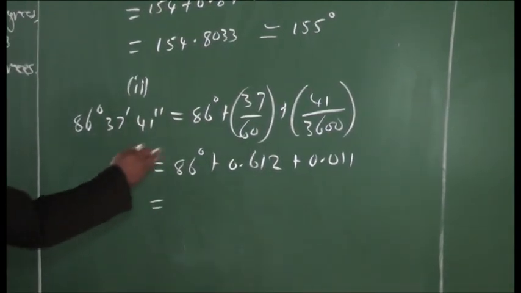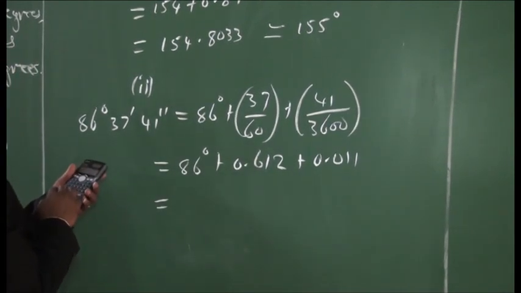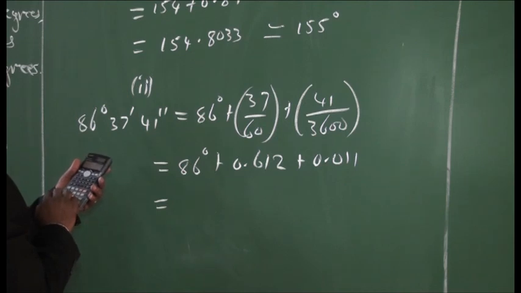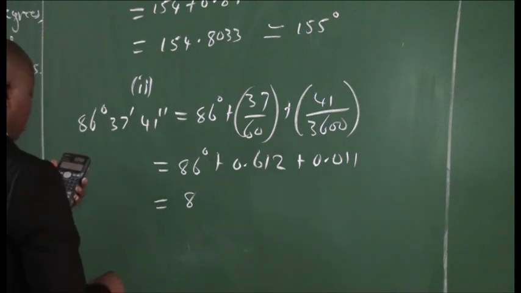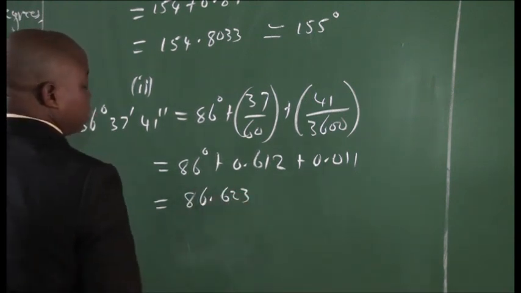It's very simple to convert. So when you add all these, you have 86 plus 0.612 plus 0.011. This will give us 86.623.